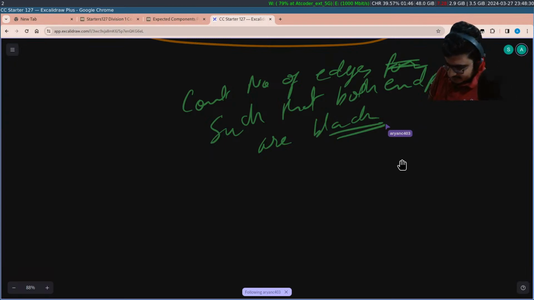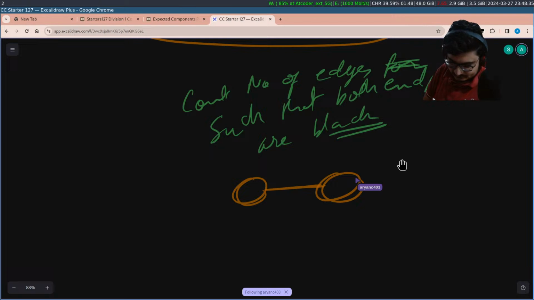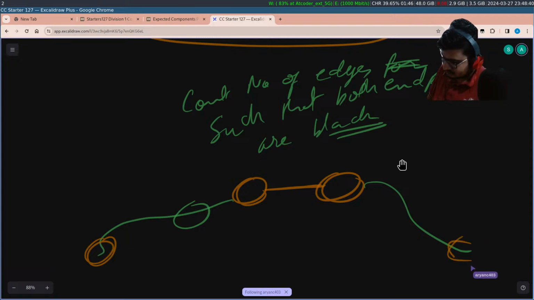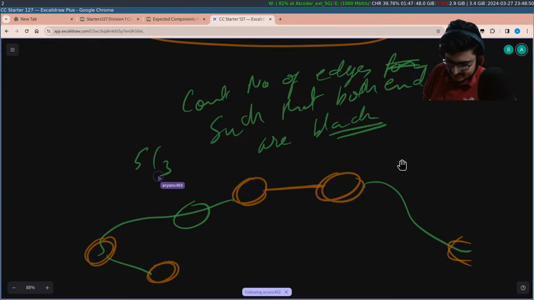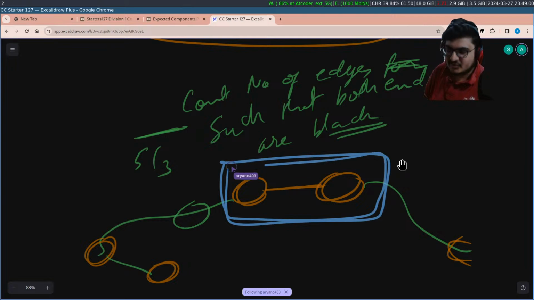For example, if you pick one particular edge with its endpoints, then the total number of sets would still be 5C3, and in the numerator we need the number of sets such that both of these endpoints are selected. Because that would be the case when this edge would be counted twice.